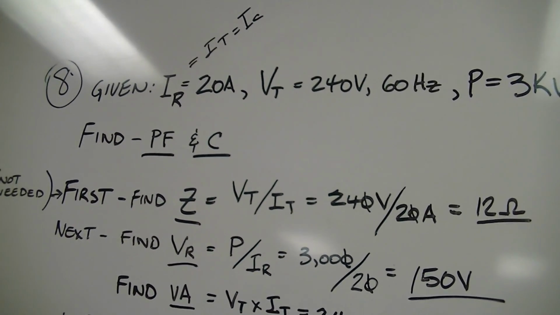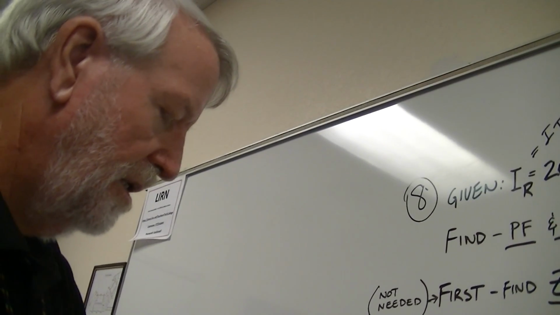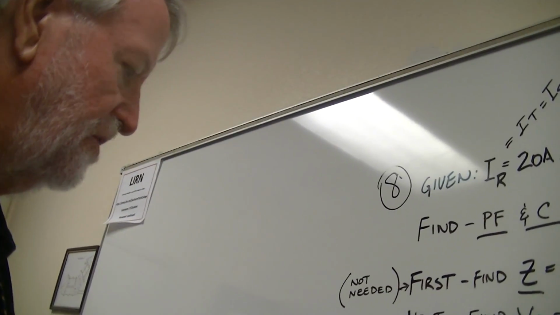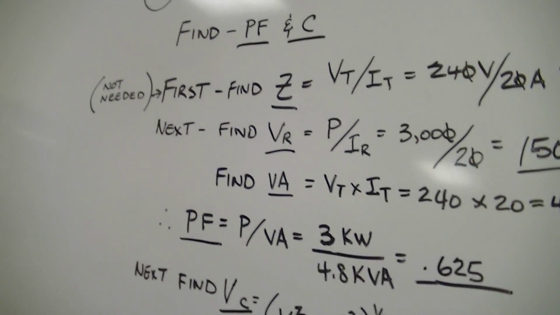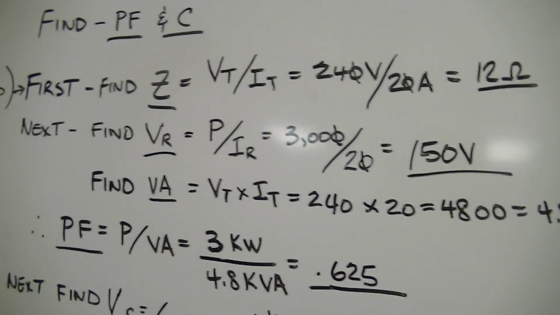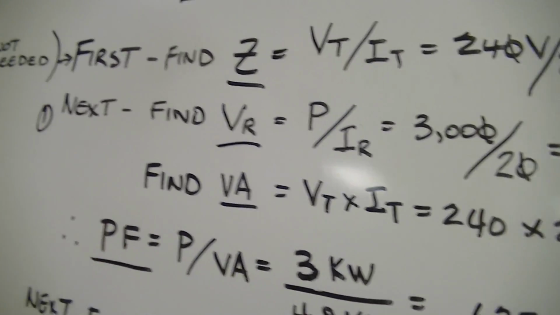Here they're asking for the power factor, and they're asking for the capacitance of the capacitor. All right, so ignore the first step, and we'll call the next the first step, right? So this is number 1, actually.